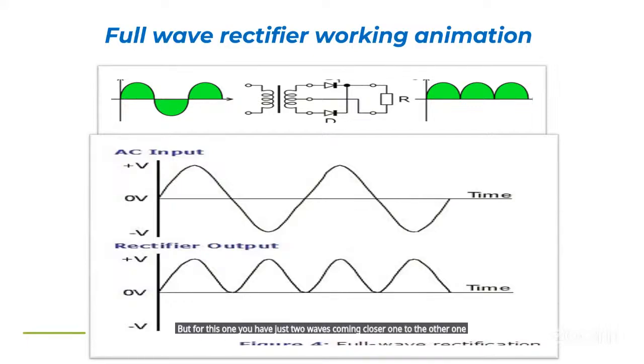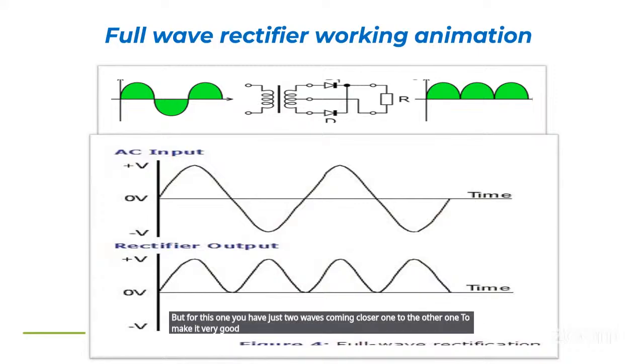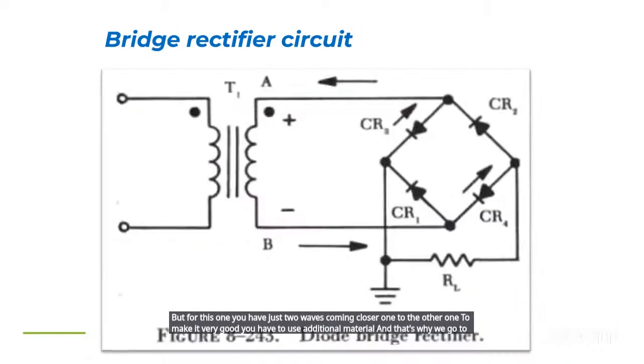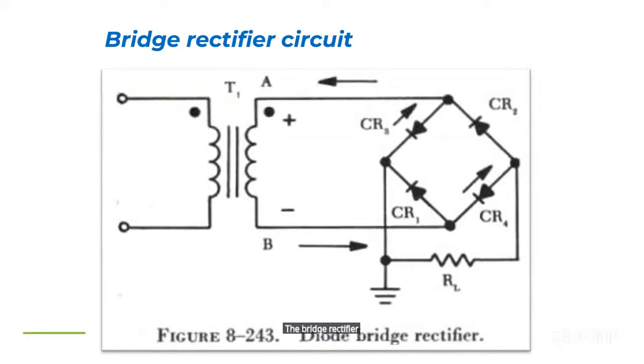To make it very good, you have to use additional material, and that's why we go to the bridge rectifier. The bridge rectifier is made out of four diodes, presented as a bridge.